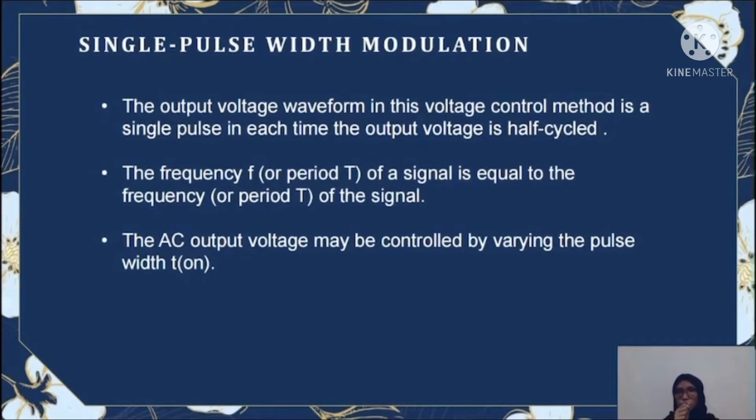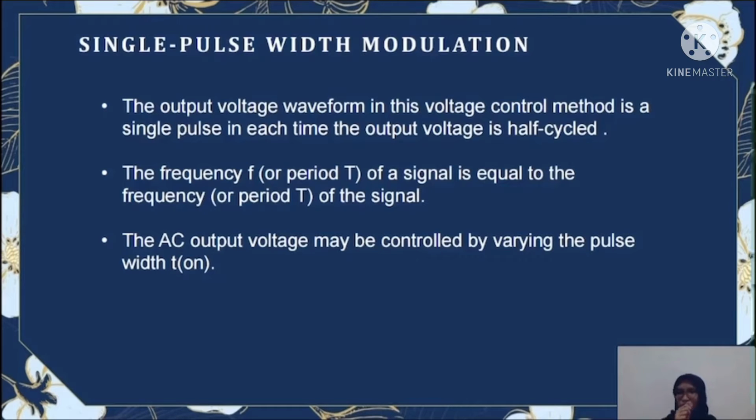The single pulse width modulation. The output voltage waveform in this voltage control method is a single pulse in each half cycle of the output voltage. The frequency of the signal is equal to the frequency of the output.